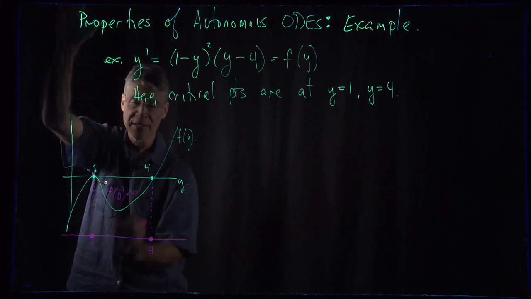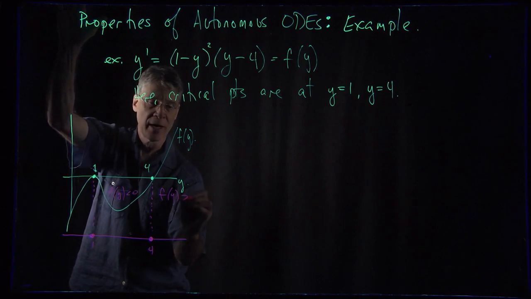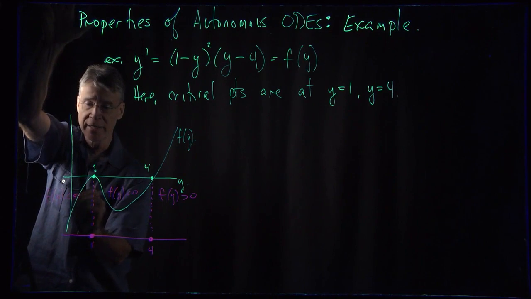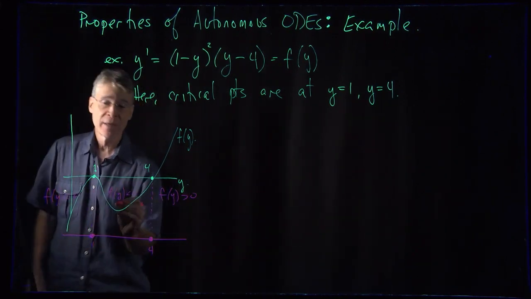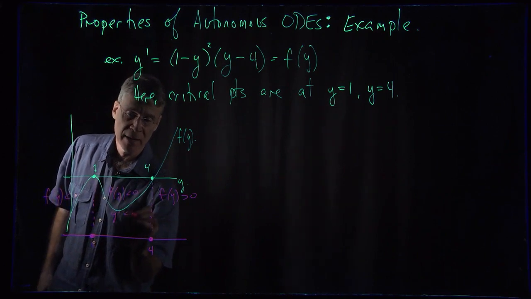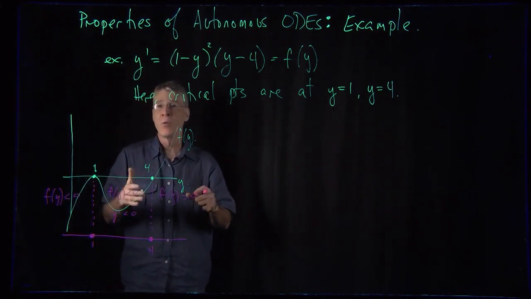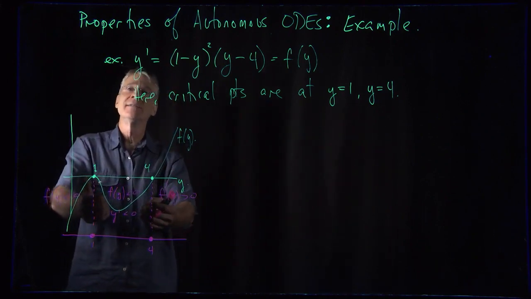And I know that here, f of y is less than 0. And here, f of y is greater than 0. And here, f of y is less than 0 again. So I can say right away that y prime is less than 0, which means in terms of y, as t increases, y decreases.